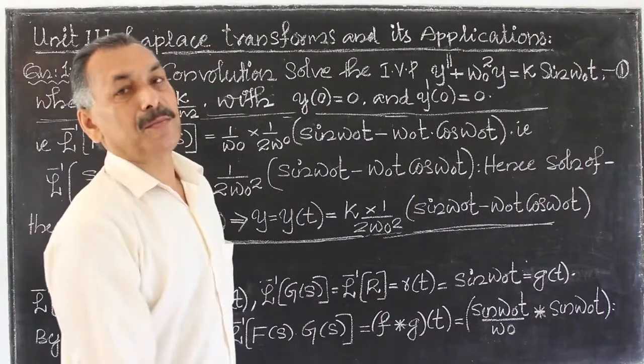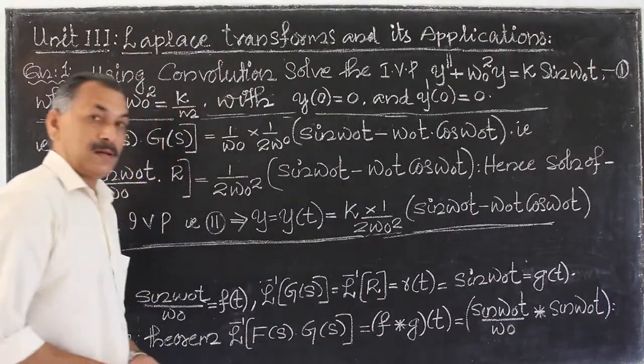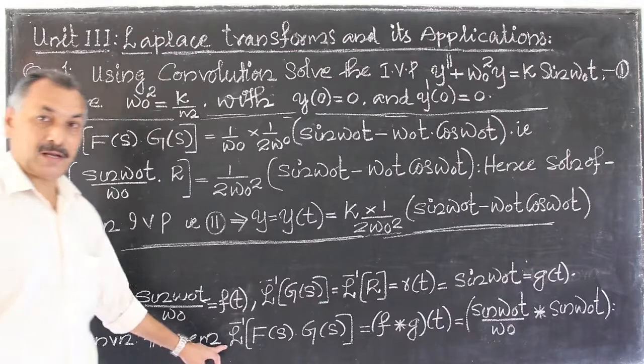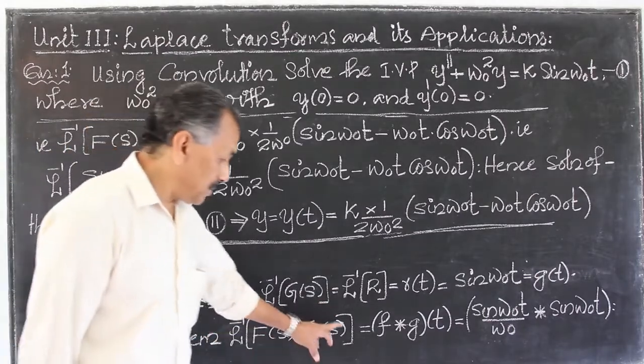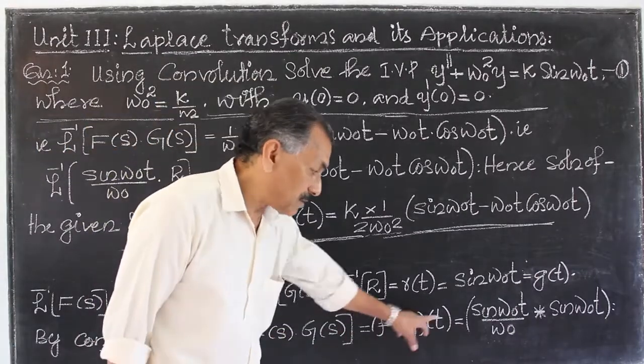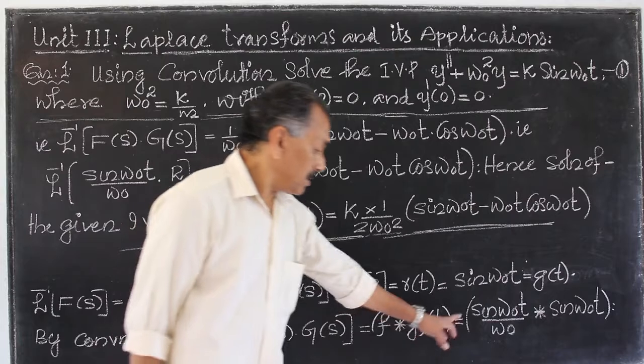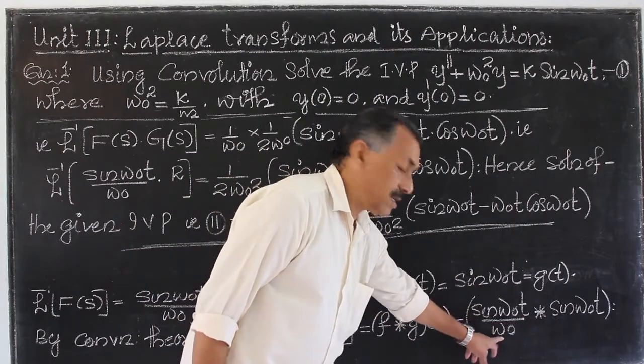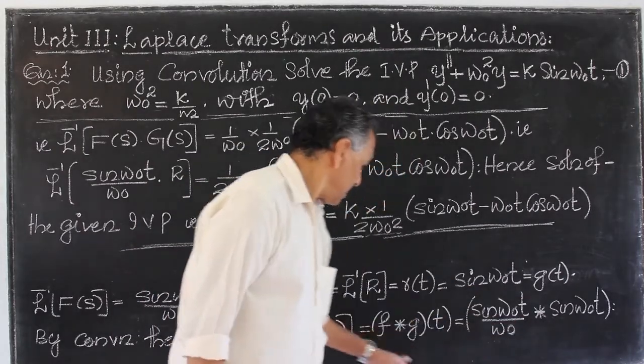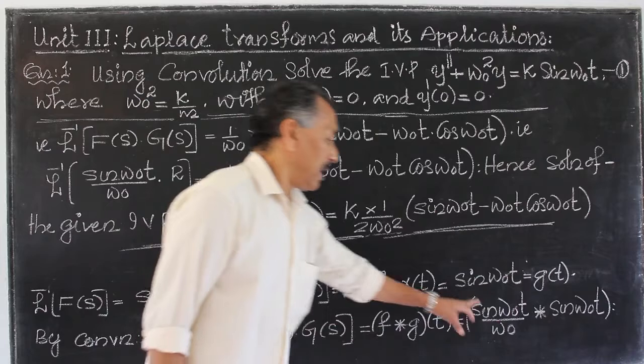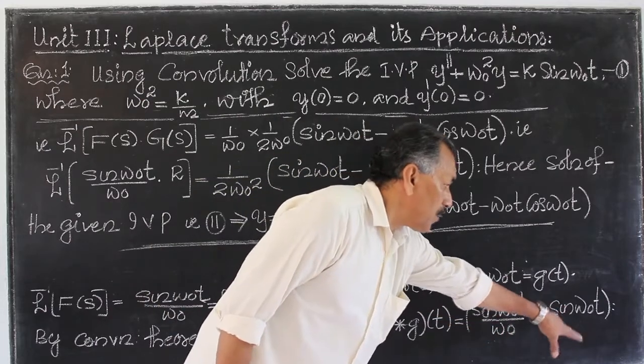Consider the continuation of the problem. See, by convolution theorem, L inverse of F(s) into G(s) is equal to f convolution g of t, that is sin omega naught t divided by omega naught convolution sin omega naught t.